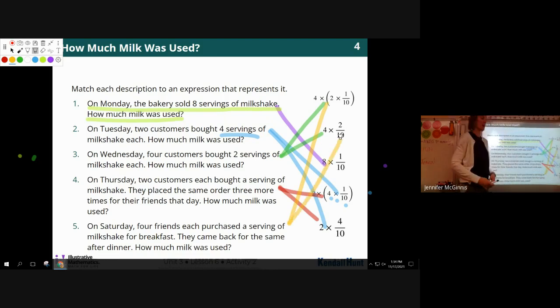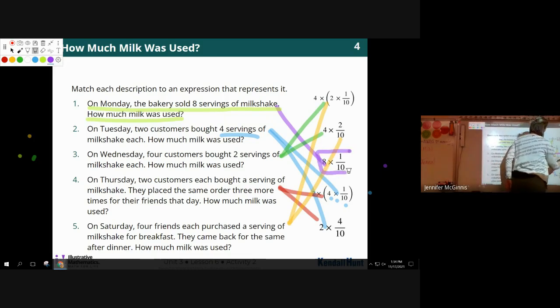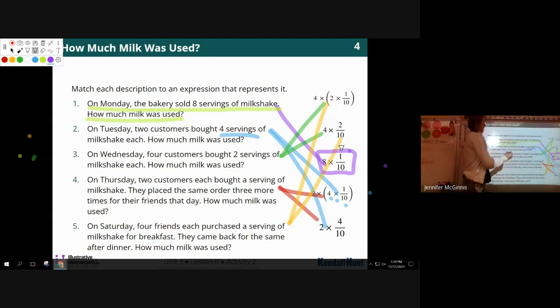Would this one here also work for it? Yes. That's right. So what I want you to see in this kind of wild, crazy mess of colors is that the stories matter. This purple equation only has 1 story that matches. It's this one here, 8 servings of milkshake. It's the only one talking about 8.